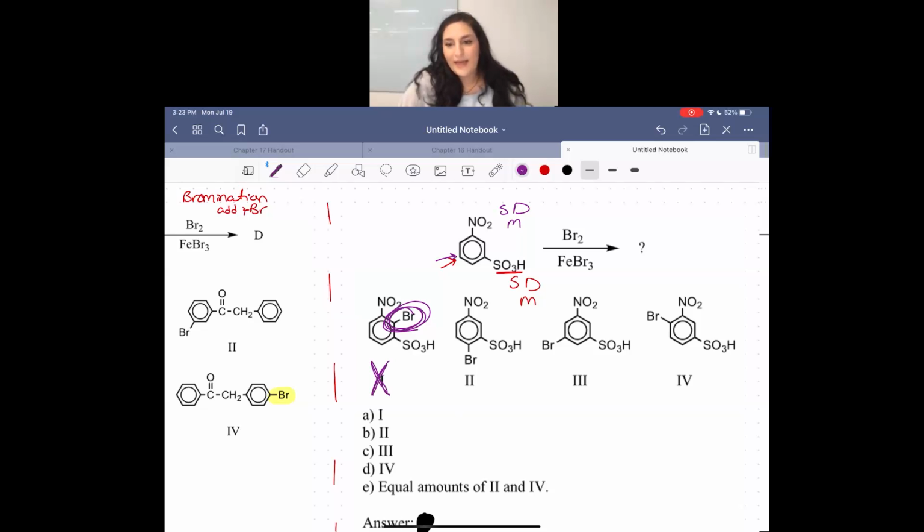Now, we have these 3 options, which if you get it wrong and you pick one of these, I'll kind of respect it, right? But whichever one you chose, NO2 or SO3H, this is ortho-para, this is ortho-para. Strong deactivators never do ortho-para, so this is your answer.